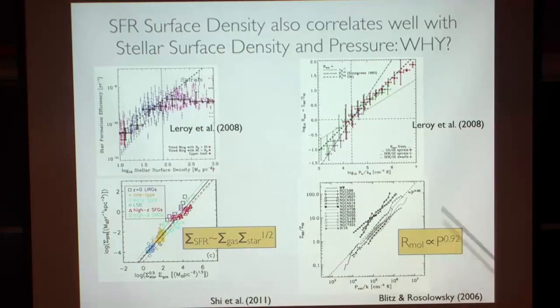So there is some good correlation, and since we know there's some good correlation between the molecular gas and the star formation rate, this may also tell us there is certain correlation between star formation rate and the pressure. So there are a bunch of correlations that we observed.